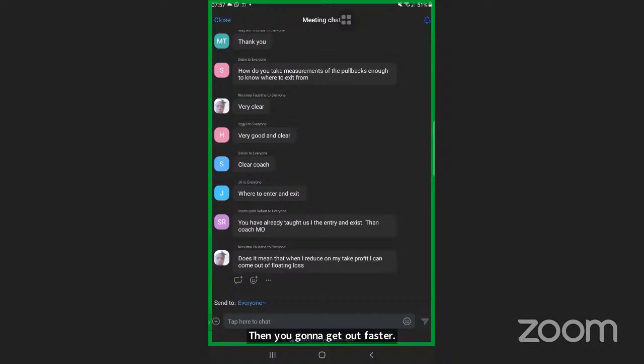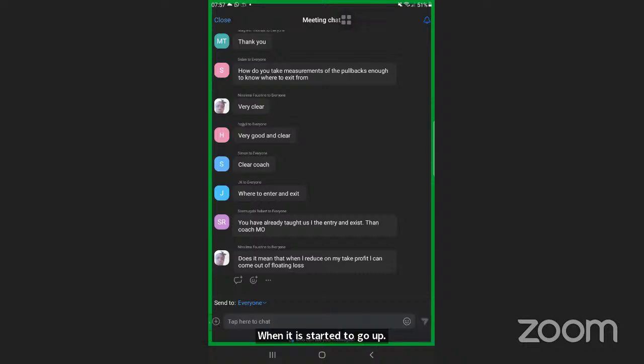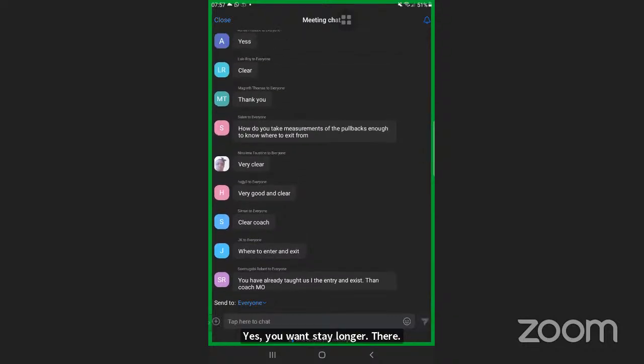But I'm not saying that when you change your take profit now, you will come out. No, I'm saying you're not going to stay long when the market of that coin you are holding starts to go up. But you're not going to get out immediately when you change your take profit.